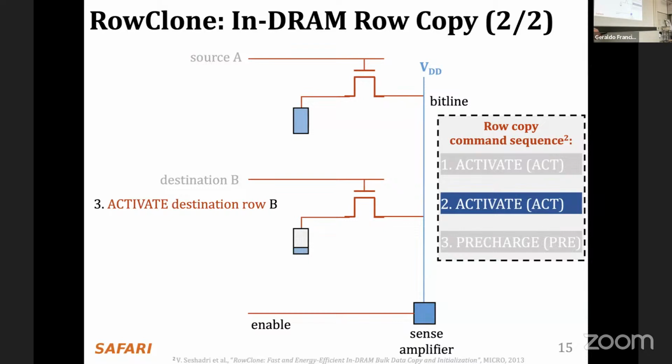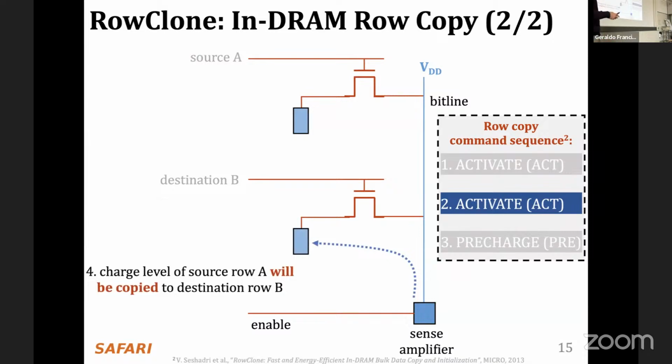The second activate connects the cell in the destination row to the bit line. And since the sense amplifier has a higher drive than the capacitance in the bit line or the capacitance in the storage capacitor, the data that is latched there is going to be written to the destination row.